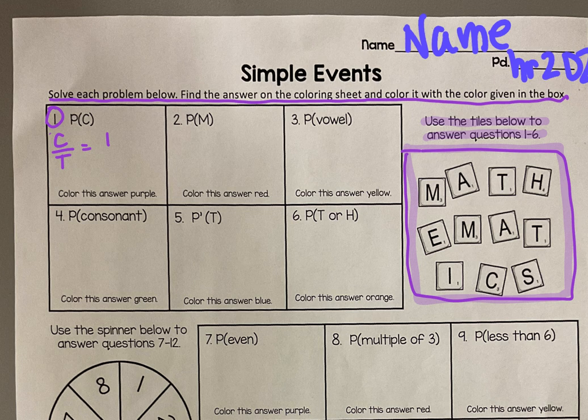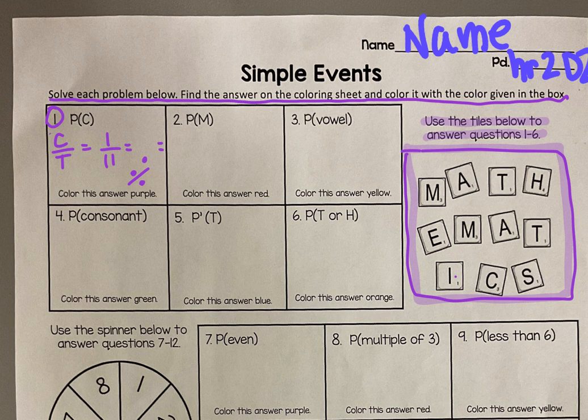There's just 1 C over there. Now you need to count how many total tiles are over there. I got 11. Then you're going to give the decimal and the percent for each of those.